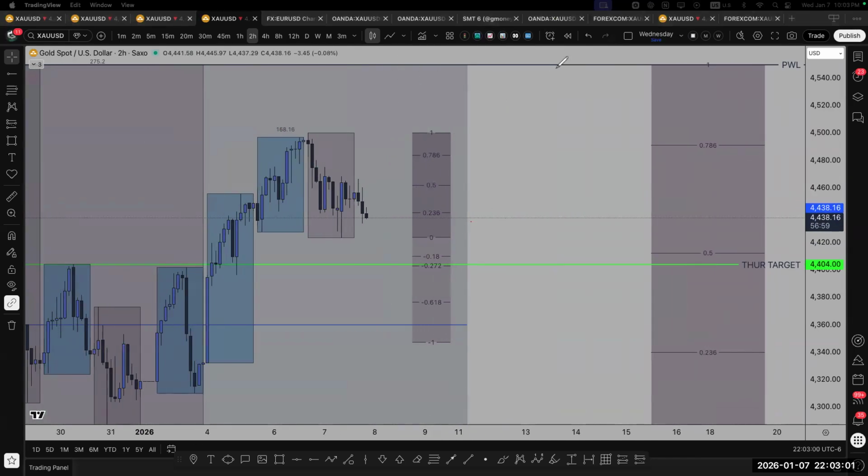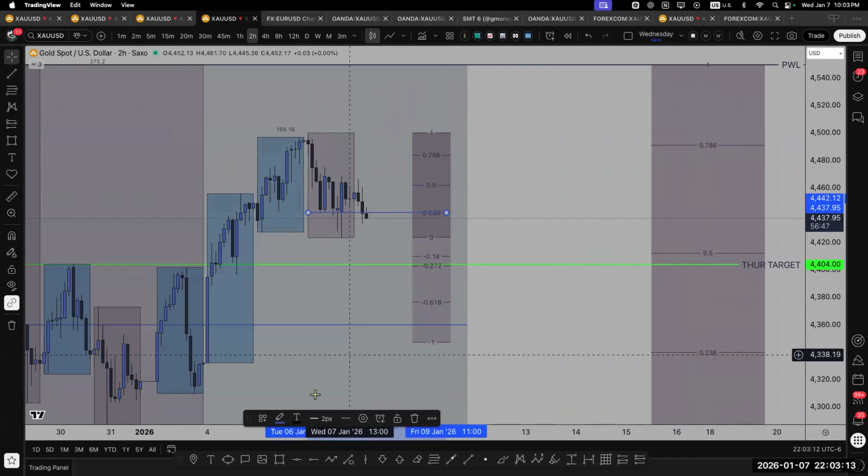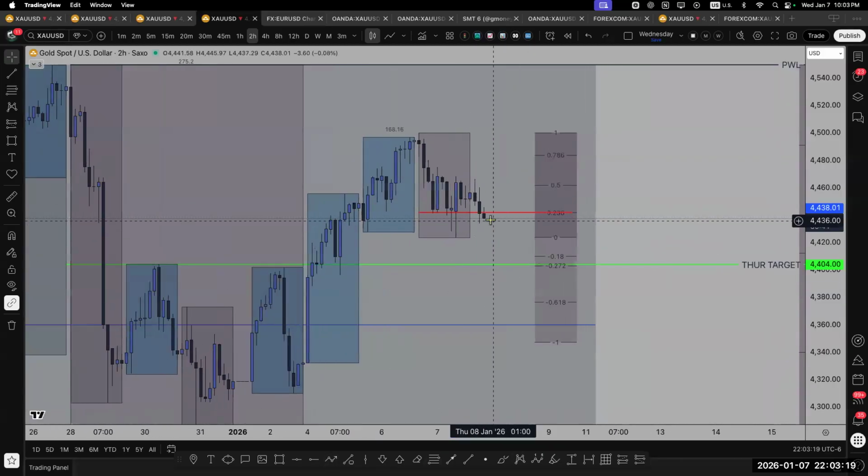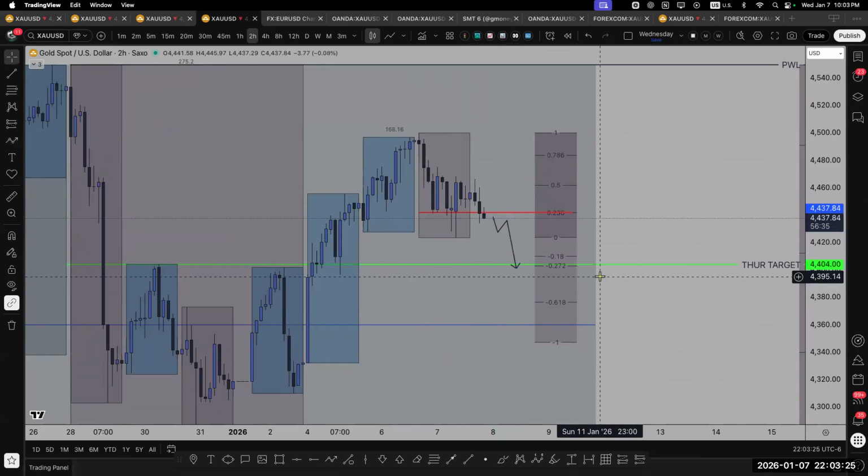We're starting to establish ourselves below the 23% of that candlestick. I think once we can establish ourselves with a few closes below, our opportunity is right there to take us down to Thursday's target, which simultaneously is the extensions of that previous day.